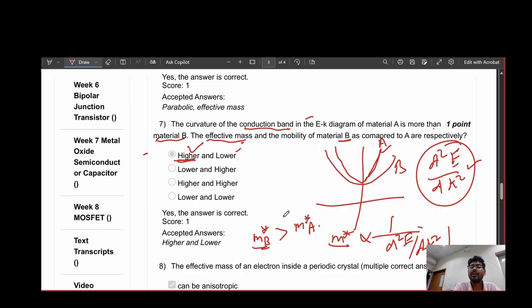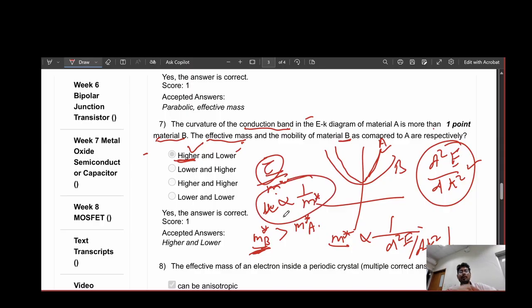Now let us come to the mobility. Mobility is related to the effective mass, given by tau divided by m star, and the other terms are constant. The mobility mu is inversely proportional to m star.